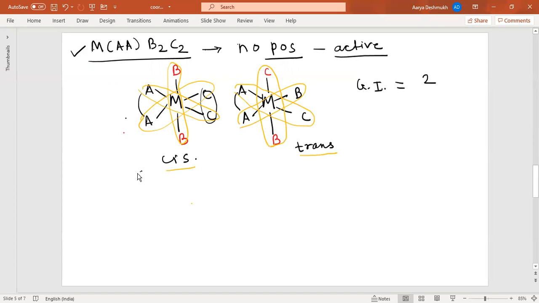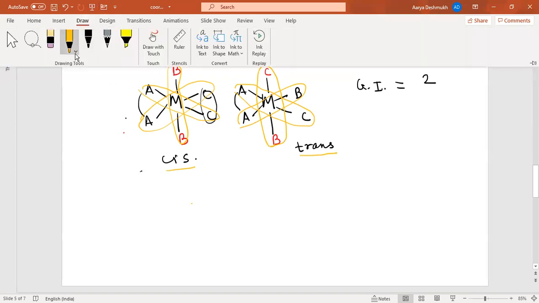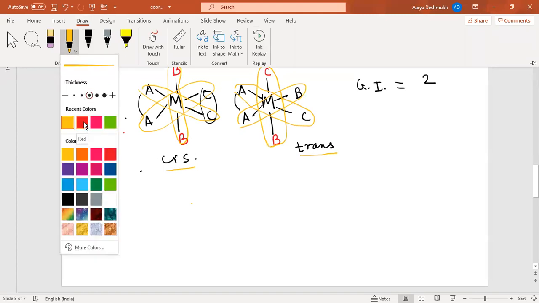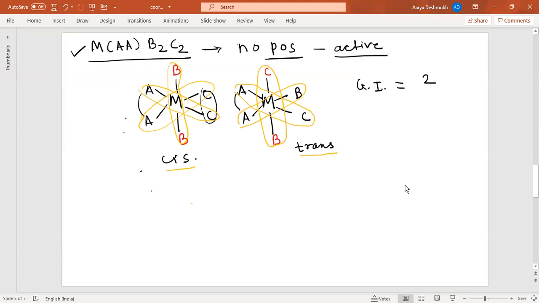Now, which one is optically active and which will be optically inactive? The trick I discussed earlier, I'll repeat here. In this type of complex, what is the trick?